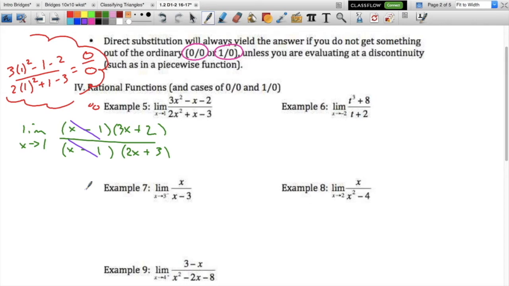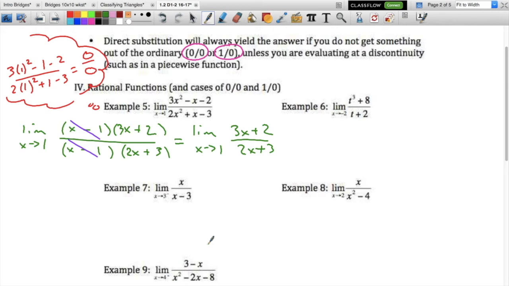And so now our limit simplifies. This is not a step that you necessarily have to write, but let me write it up here just so we can all be on the same page for a moment. X is going to 1, and now our limit is simply (3x plus 2)/(2x plus 3). Okay, so our limit is simplified to this. And now we can use direct substitution because now it won't be 0 over 0.